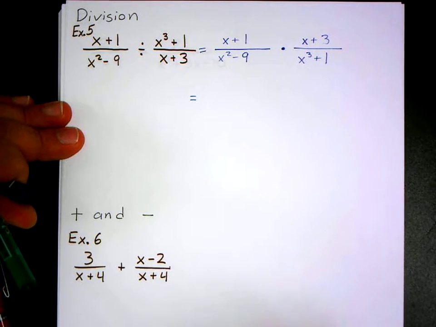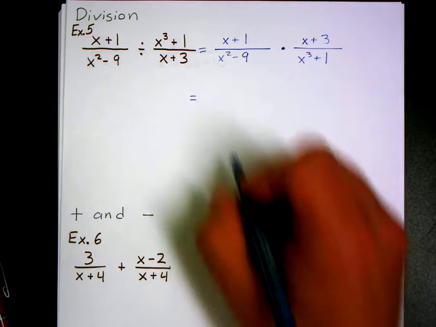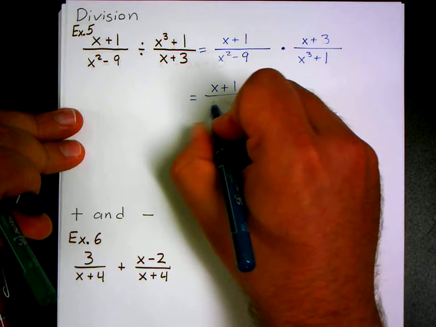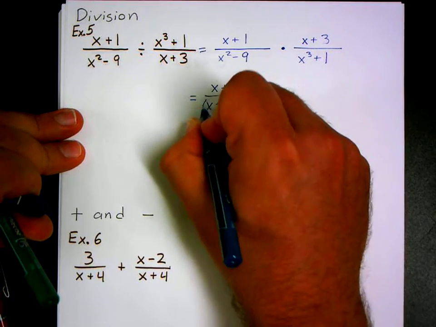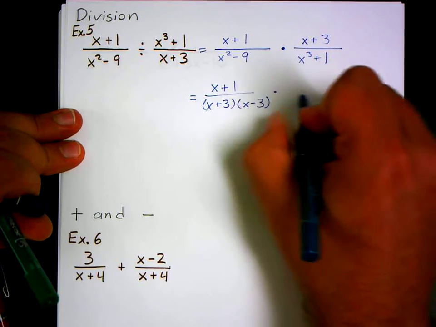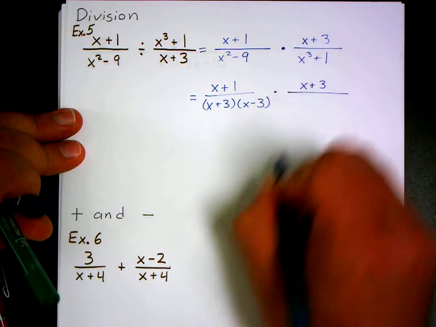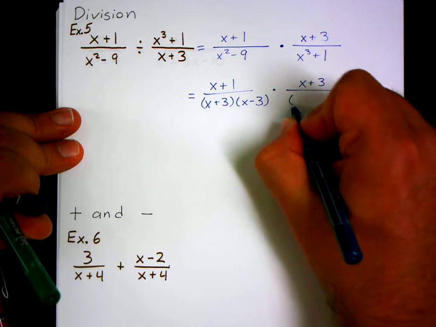And then we factor. Because again, multiplication is just a chance to reduce. The x squared minus 9 is just difference of squares. X cubed plus 1 is sum of cubes.